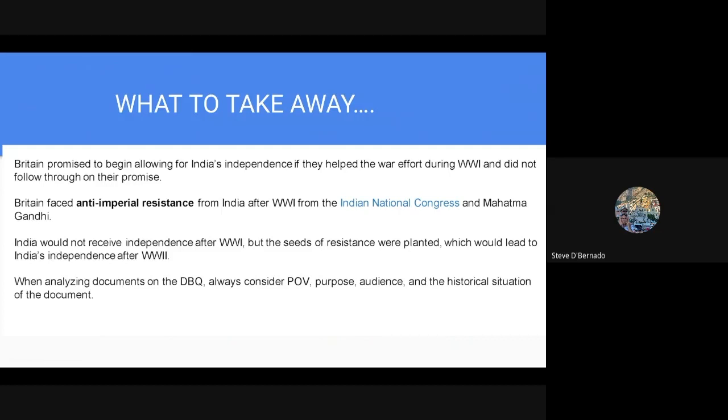India would not receive independence after World War I. But the seeds of resistance were planted, and they proliferated over time, which would lead to India's independence after World War II. Remember, when analyzing a document, always consider the point of view, specifically that we analyzed today. We hope this helps.